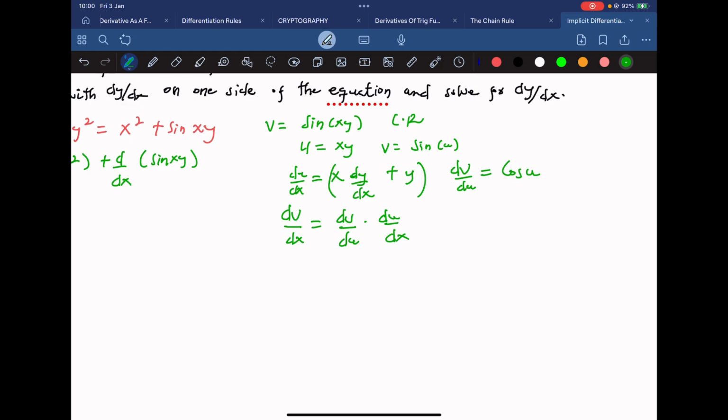So let's continue. We can have dv/dx equal to, now dv/du was cosine of u, du/dx, we had x dy/dx plus y. Cosine of u, note that u is just xy, so we have this.